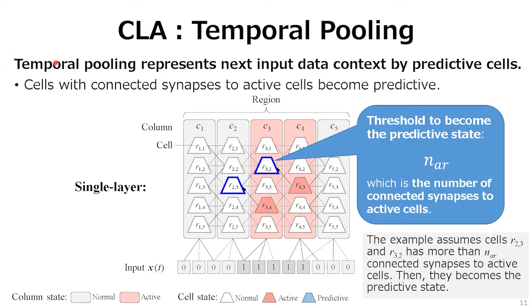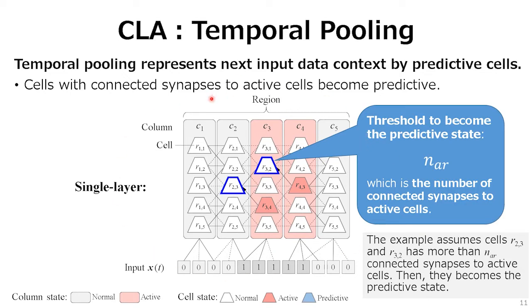Also, temporal pooling represents next input data context by predictive cells. Cells with more than NAR connected synapses to active cells become predictive states. NAR is the threshold to make cells the predictive state.